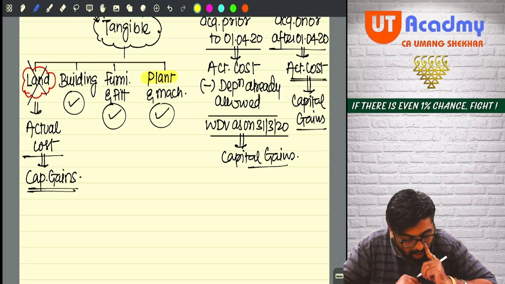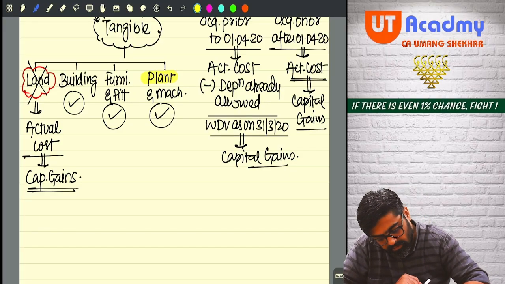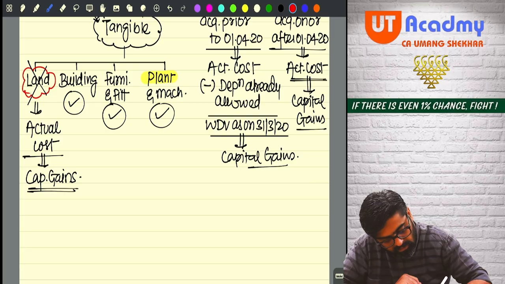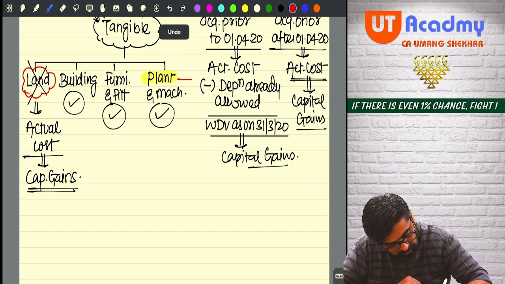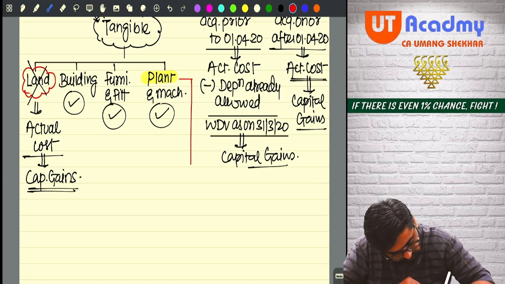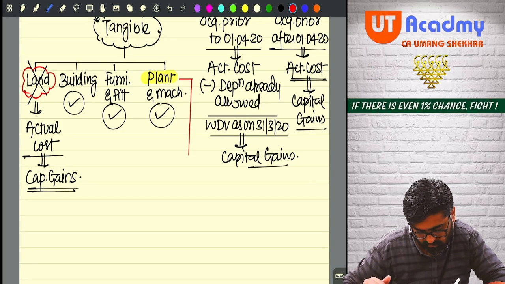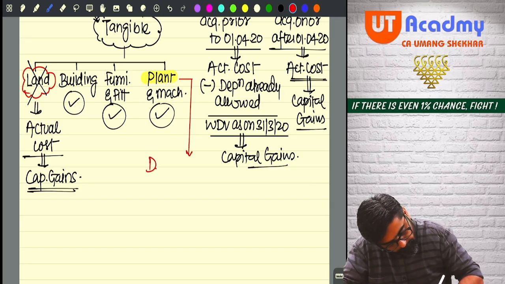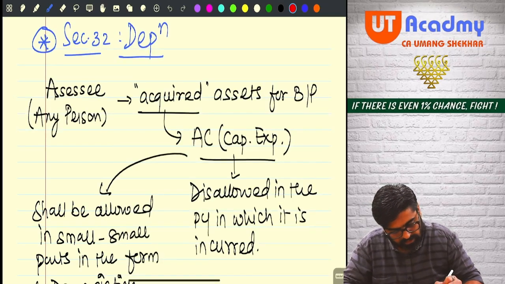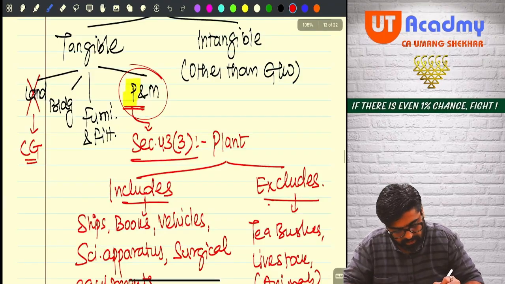For that, the term plant is defined. The definition of plant is given under section 43(3), if I'm not wrong. Yes, 43(3).